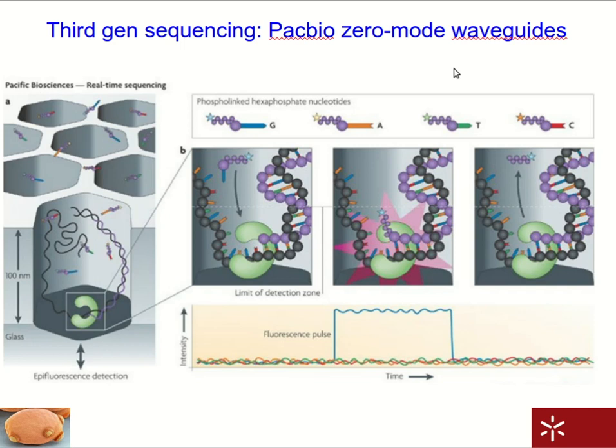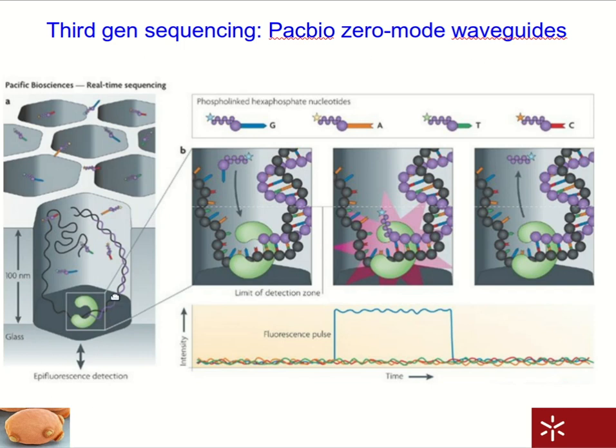One fundamental problem of both 454 and Illumina technology is that you add the components for the sequencing one by one, and this essentially makes the sequencing slower than if the DNA polymerase could work at its normal speed. There is a technology called PacBio where you try to solve this problem.